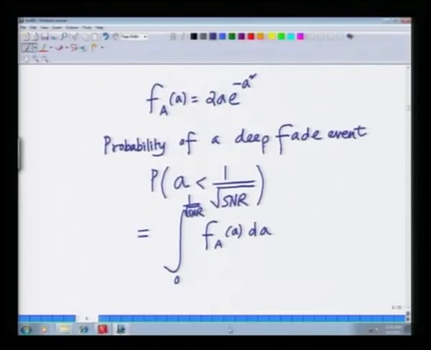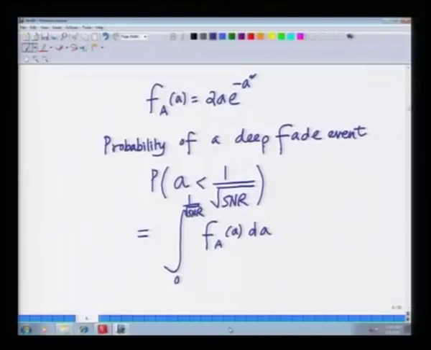Remember, the probability that a random variable takes values in a range is simply the integral of the probability density function in that range. Now, we want to find out the probability with which the magnitude of the fading coefficient A is less than 1 over square root of SNR.